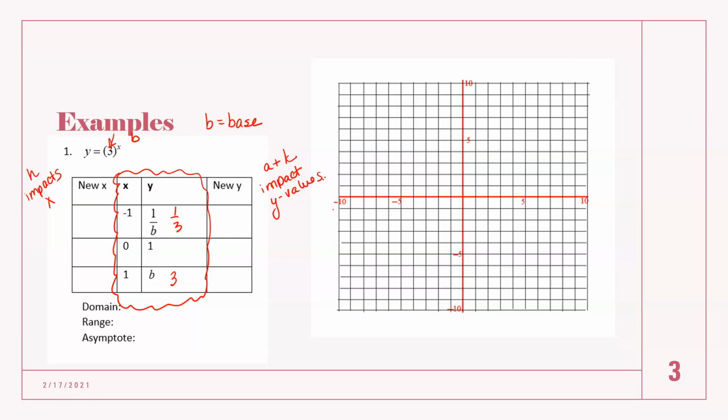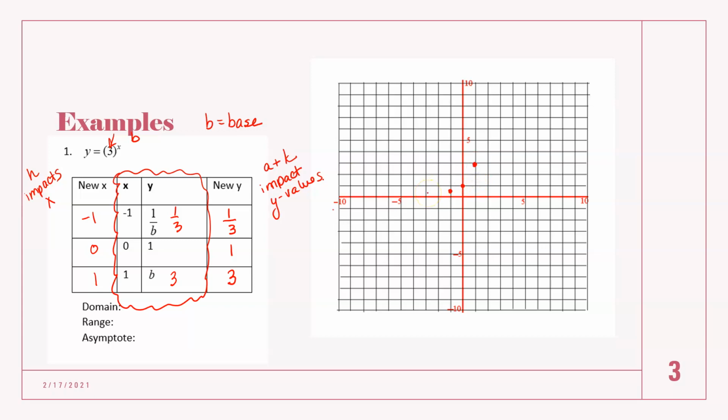So here, because this is a parent, there is no a, there is no h, and there is no k. So these are going to stay the same. So let's plot the points. I have -1, 1/3, and I have 0, 1, and 1, 3.